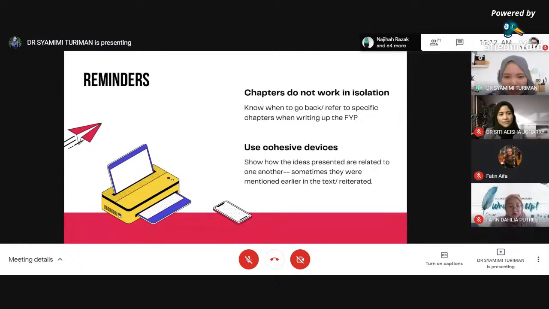At the same time, chapter 3: when your readers read your research questions, they will predict, okay, so this is a survey, for example, or this is a qualitative interview.